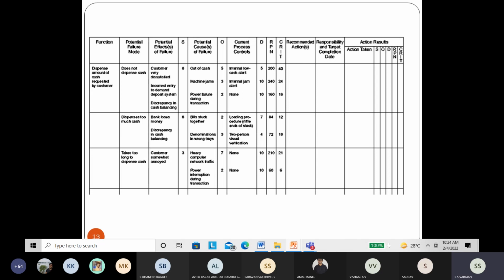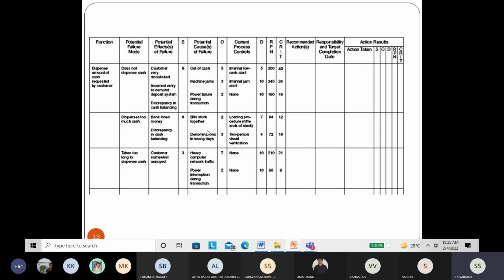Everywhere there are new notes, even 100 rupees. 500 rupees, everything only from 2016 we are having new notes. So notes working together is not a problem.